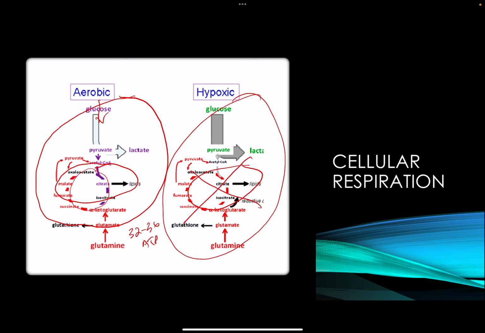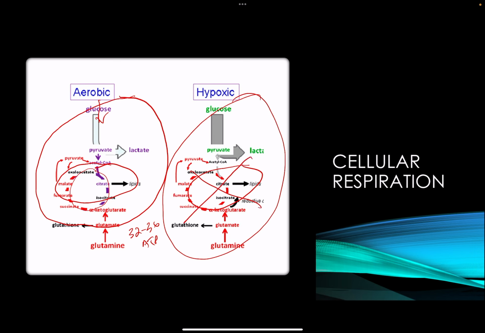The basic way it's going to maintain any production of ATP is by going through just glycolysis, which is this top part, and not the electron transport chain. Okay, so in this situation, glycolysis only makes 2 ATP. So not very good at maintaining a high production of ATP.